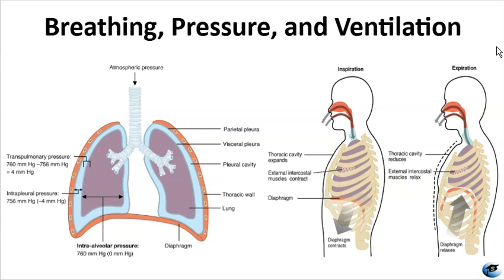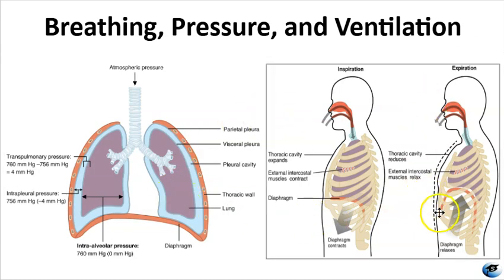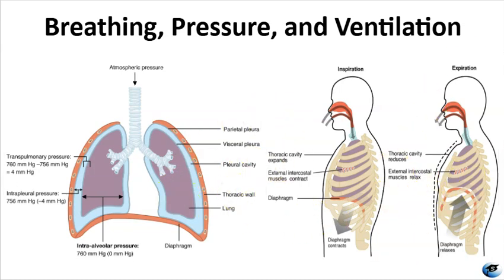During expiration, the diaphragm and intercostal muscles relax, the thoracic cavity volume decreases, and the intra-alveolar pressure rises above the atmospheric pressure. As a result, air is pushed out of the lungs. So together, all of these pressure changes and muscular movements create the essential rhythm of breathing, which of course is bringing oxygen in and sending carbon dioxide out of the lungs.